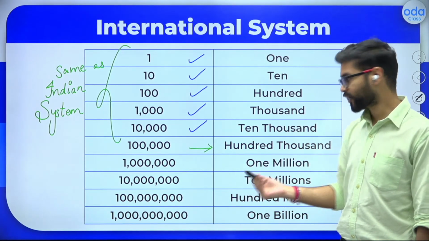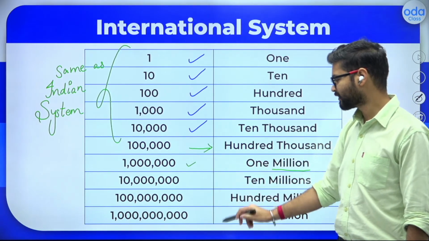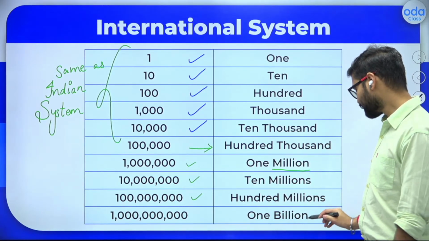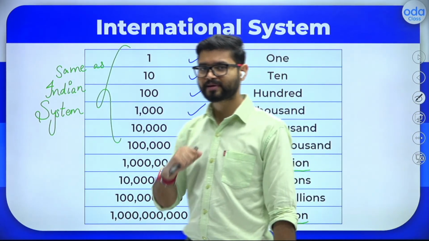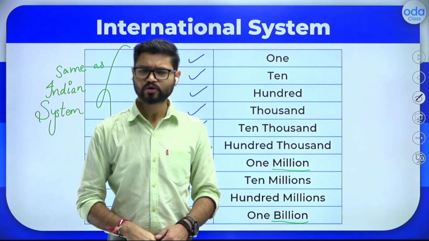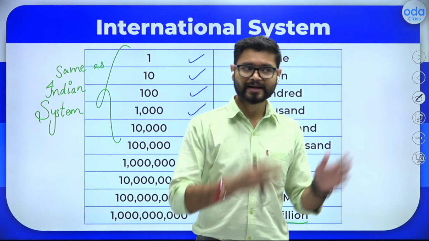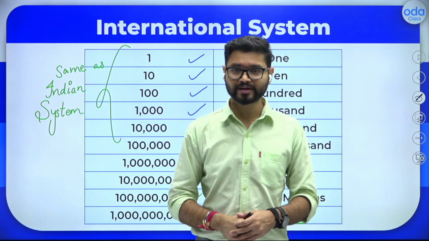After that, we go into the million category. So we have 1 million, 10 million, 100 million. After this comes a billion: 1 billion, 10 billion, 100 billion. Then comes trillion: 1 trillion, 10 trillion, 100 trillion. And it keeps on going like this.